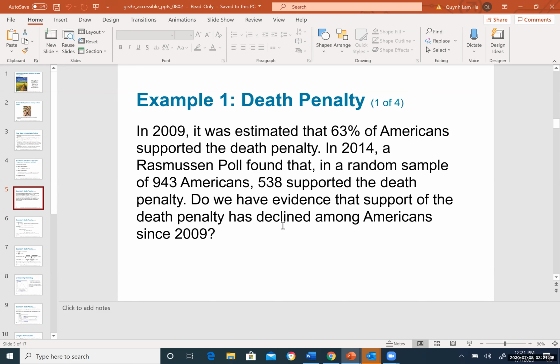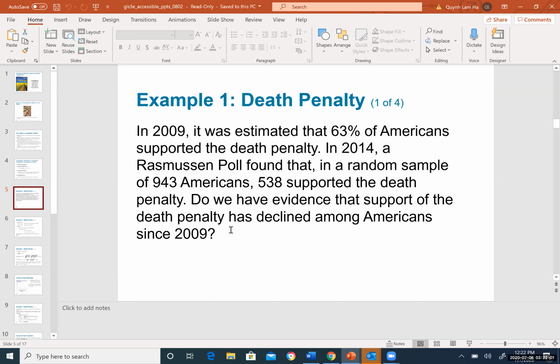When you run StatCrunch, you will enter this value 538 for the number of successes, and this will be the total sample size, and you will need to enter this p0 value to get the probability, or p-value. Then from there you compare the p-value with alpha, which is the level of significance.